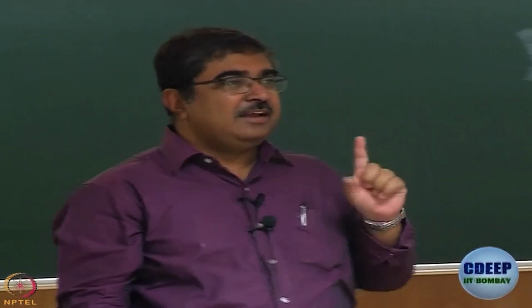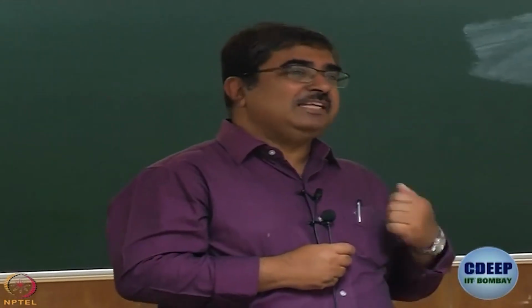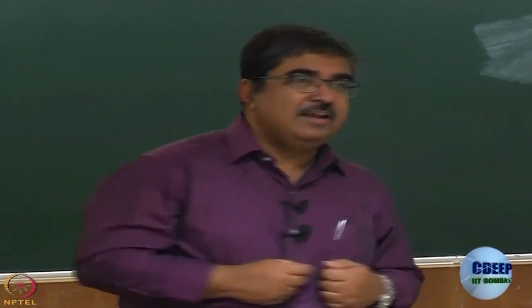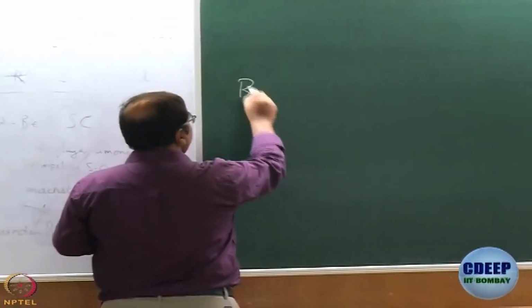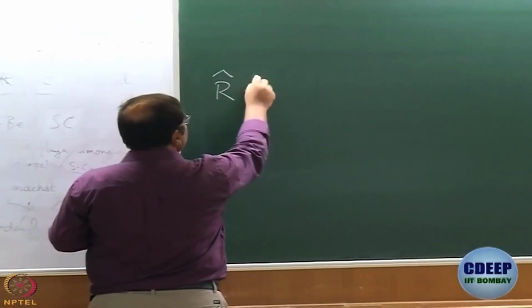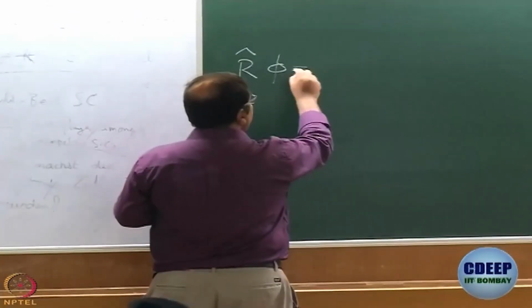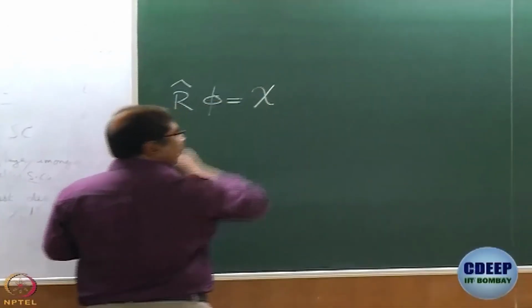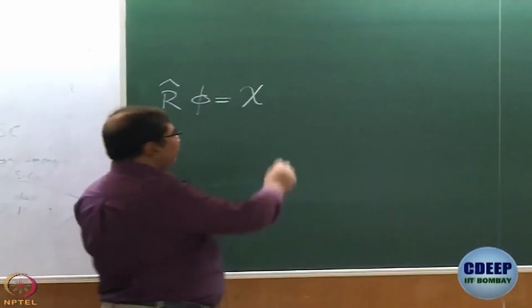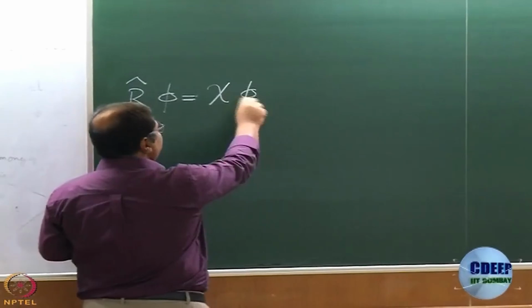Let us wait for that. Let me ask you another question. Is it possible that I have a one dimensional representation and the character is something other than +1 or -1? Remember the eigenvalue equation we wrote? R operates on some function phi to give you, now I will write chi as the eigenvalue multiplied by the same function phi.